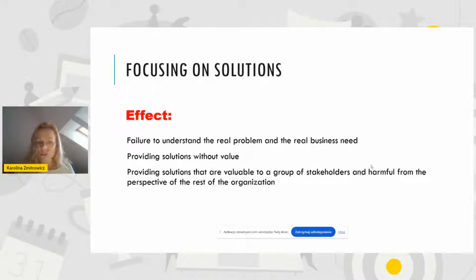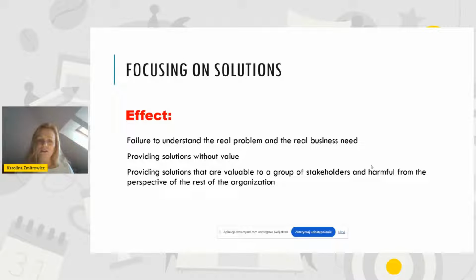You will deliver a solution that could even be working, but will not be well suited to the context of the organization, that could be seen as valuable for some group of stakeholders and will be harmful from the perspective of the rest of the organization, because you will focus on a system and you will forget to understand what is the possible impact of the given solution on the different areas of the organization.